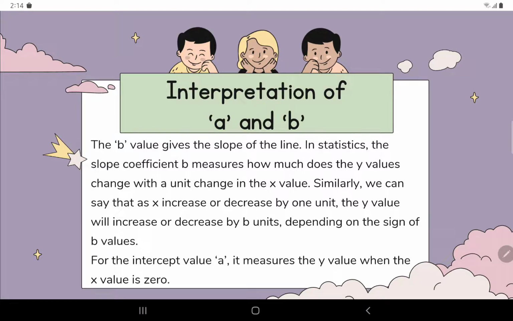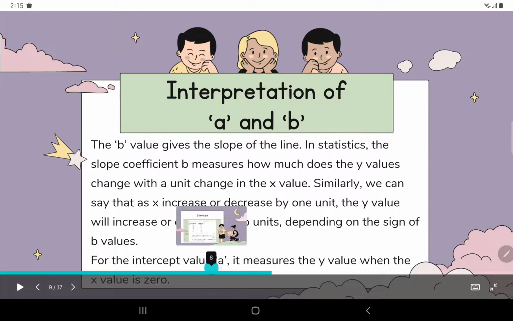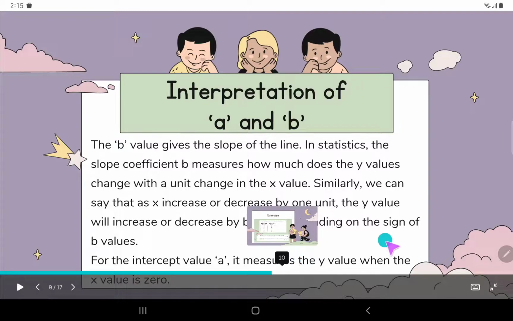If b is positive, it is increasing, while if b is negative, it is decreasing, by b units. And the intercept value a measures the y value when x is 0.